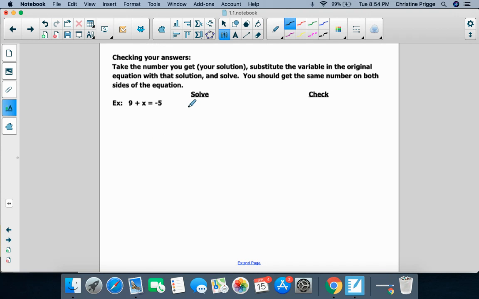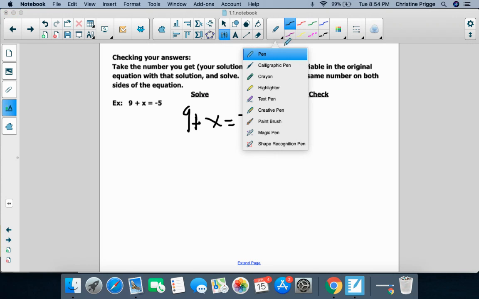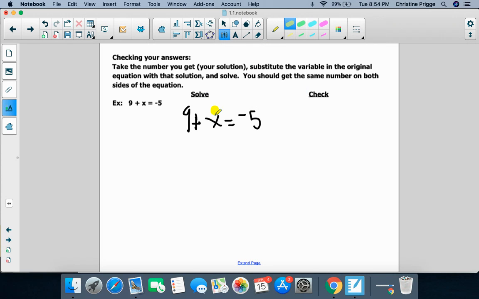Remember, to solve, we want to rewrite 9 plus x equals -5. And then to solve it, you need to remove everything from the side that the variable is on. Here's my variable x. I want x to be by itself.